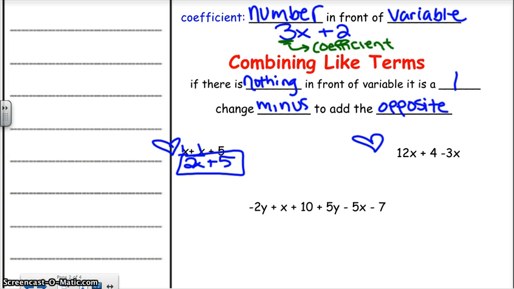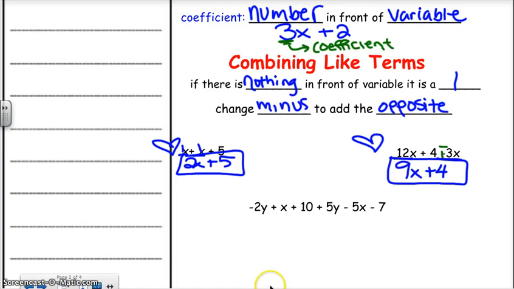I'm going to change this minus 3 into plus a negative 3. So I have 12x plus a negative 3x. I have 9x's left over. Plus 4, done because I can't combine the 9 and 4 because they don't both have an x.